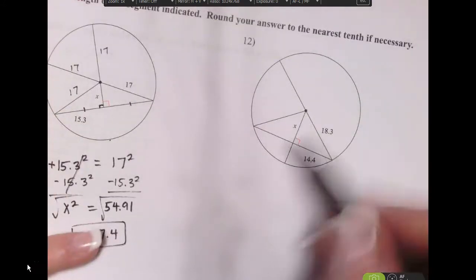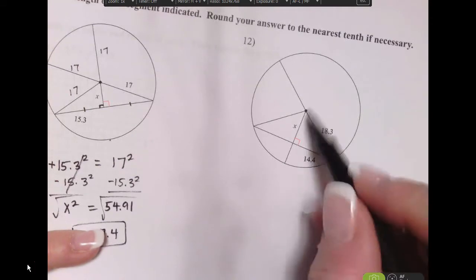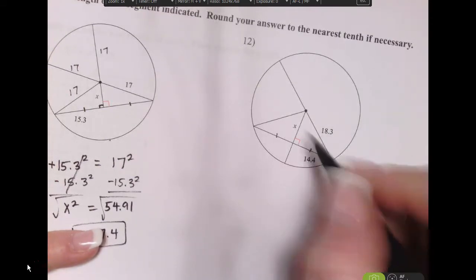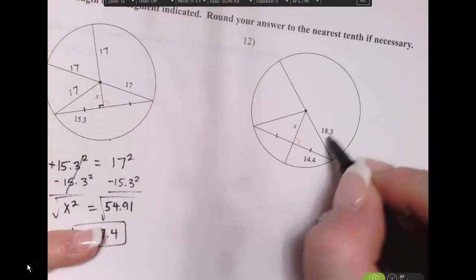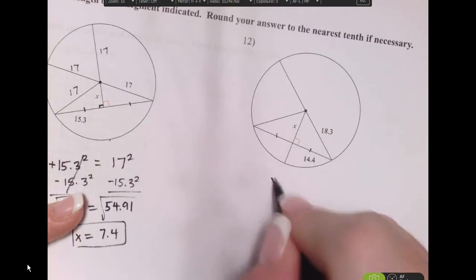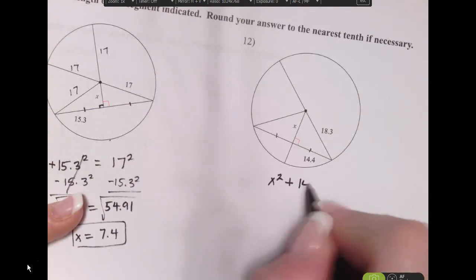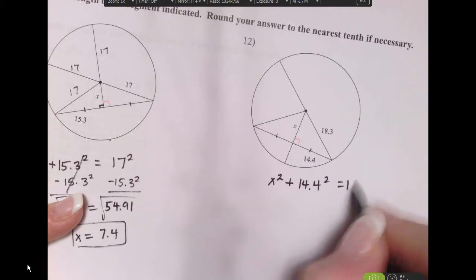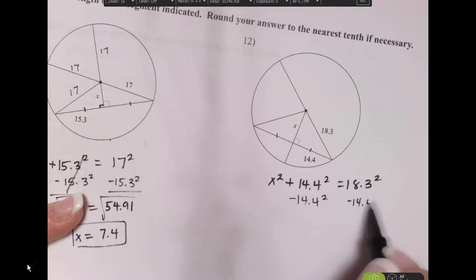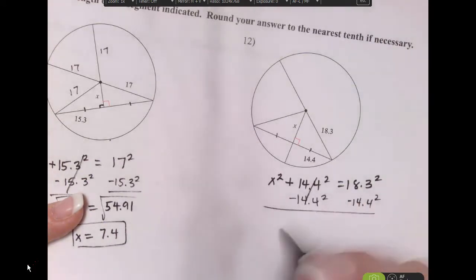In number 12, I have a chord again. It's bisected because that's at a right angle, and x is my missing piece. This 18.3 is the hypotenuse, so that's going to be just like the last problem. I'm going to subtract 14.4 squared from both sides. I'm being very careful when I do the subtraction in my calculator.